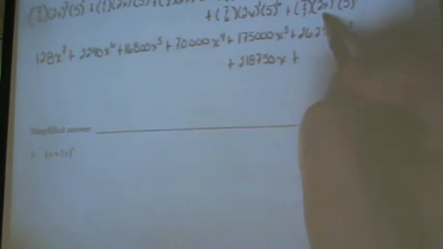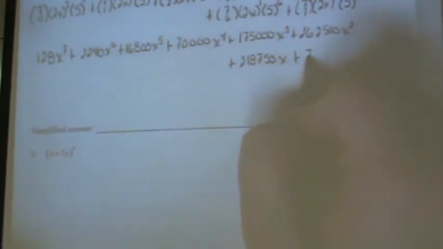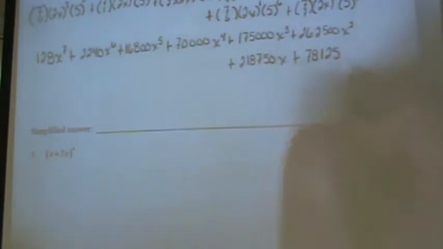You have 2x raised to the 0 power. Anything to the 0 power is 1. So you have 1 times 5 raised to the 7th power. 5 raised to the 7th power is 78,125. So that's your expansion of 2x plus 5 to the 7th.